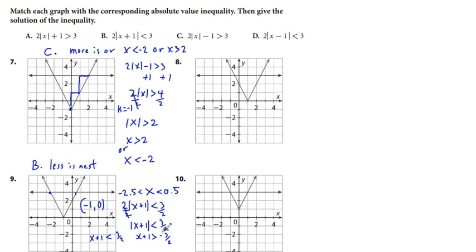And if we solve here, we subtract 1, we're going to get x is less than 0.5. And for the other one, we subtract 1, we're going to get x is greater than negative 2.5, which matches what we've seen here.